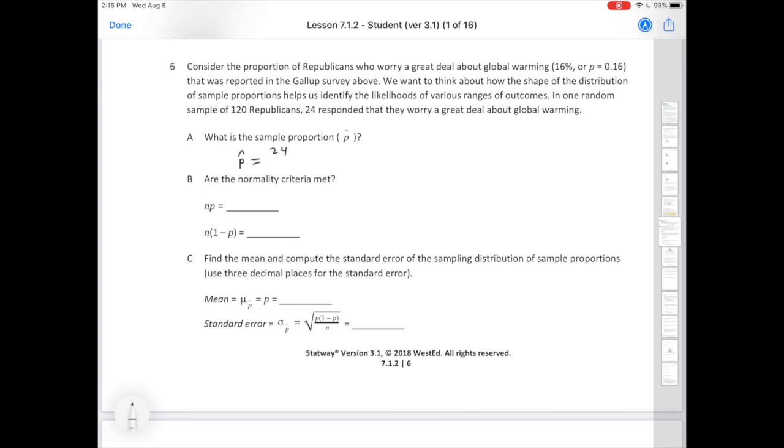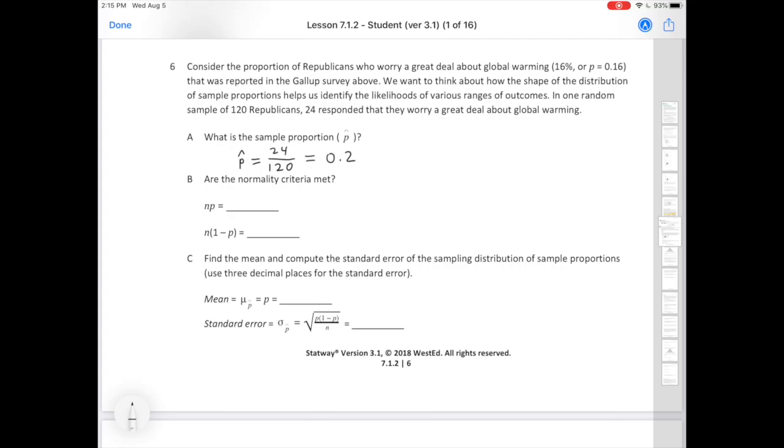And so it would be 24 divided by 120. What would that be? If we use our calculator and do 24 divided by 120, I get 0.2. So p hat is 0.2.